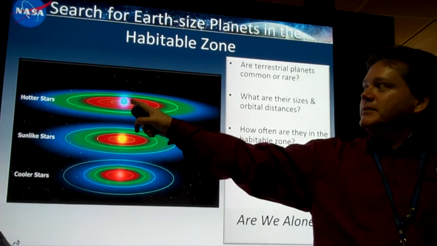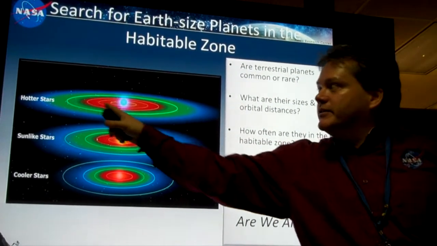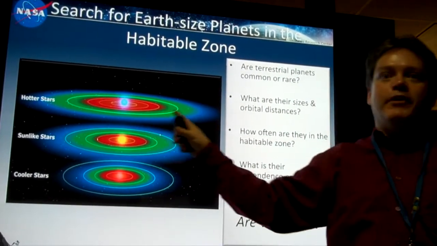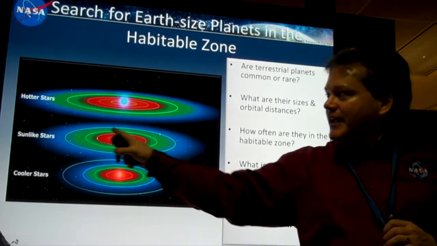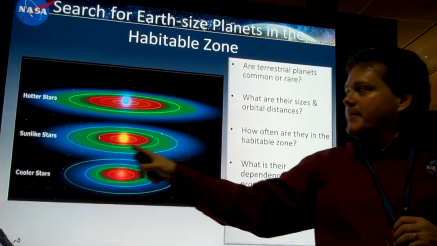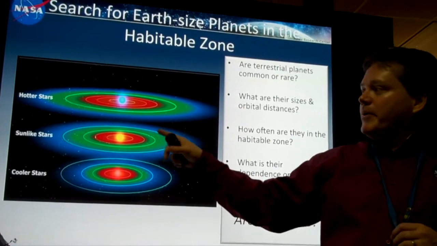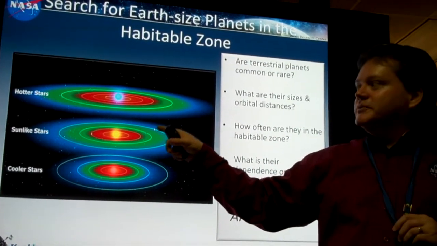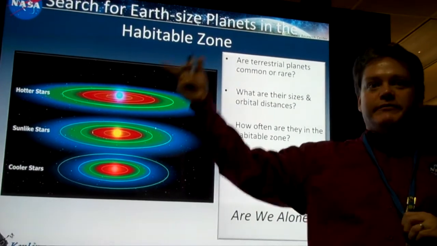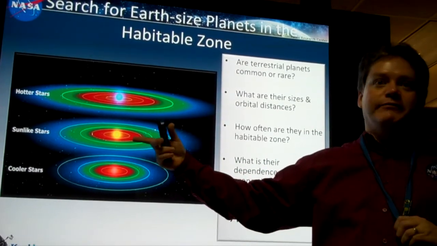So for hot stars, obviously the habitable zone is larger, farther away from the star, whereas sun-like stars, like our sun, are about here in the middle, and cooler stars have a much smaller habitable zone. We're primarily looking around sun-like stars because we believe that the evolutionary period of one of these stars is most likely to have life.